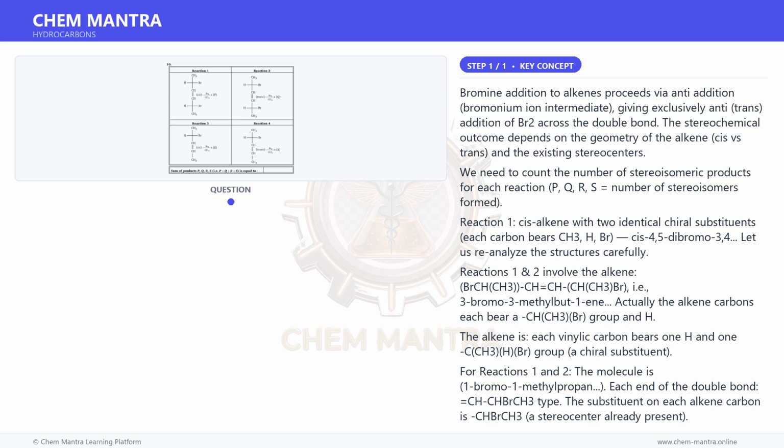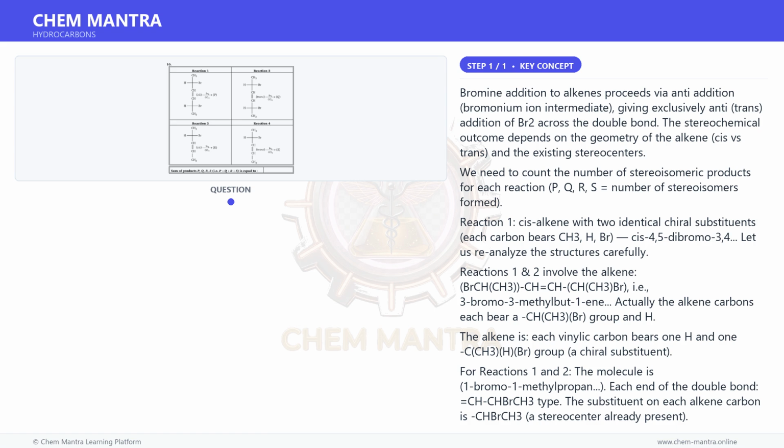Actually, the alkene carbons each bear a CH(CH3)Br group and H. Each vinylic carbon bears one H and one CH(CH3)Br group, a chiral substituent.